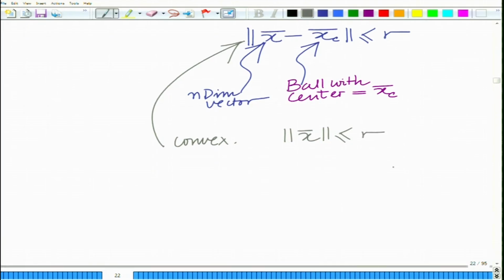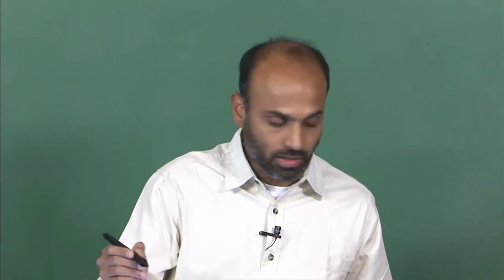Remember, if the ball with center at origin is convex, then naturally if you shift it to any center xc bar, it is also going to be convex, because shifting does not affect the convexity. So, if norm x bar less than equal to r is convex, then norm x bar minus xc bar less than equal to r is also convex, because translation does not affect the convexity of the region, or the set.